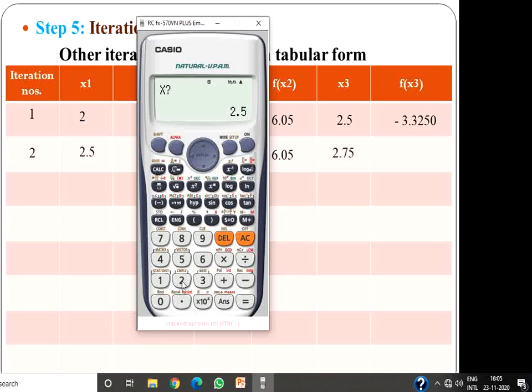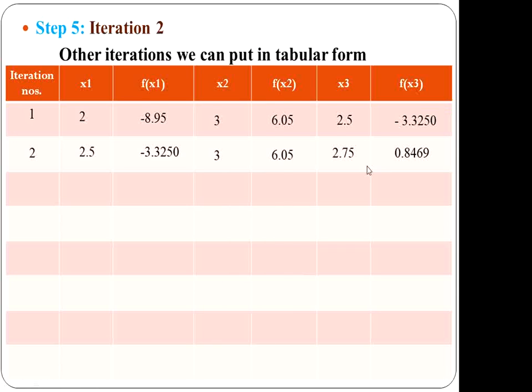I want to calculate the function for the 2.75 value, say equal to, that is 0.8468 for the x3 value, that's why here 0.8469, so I am rounding off here.